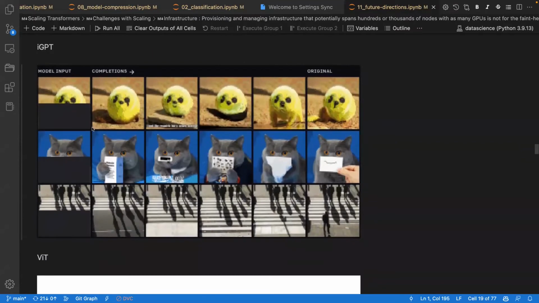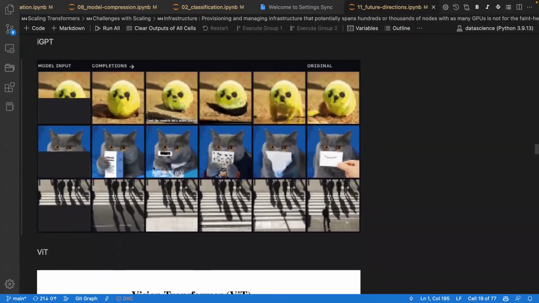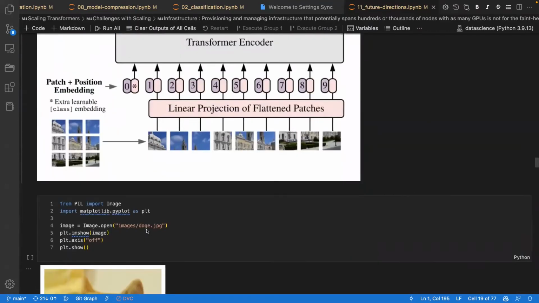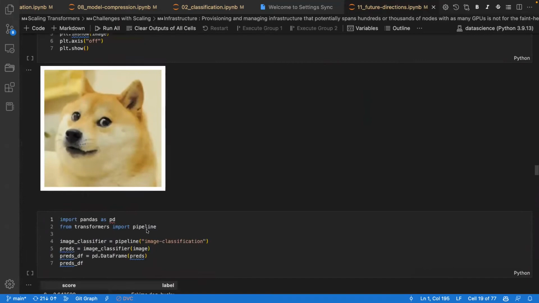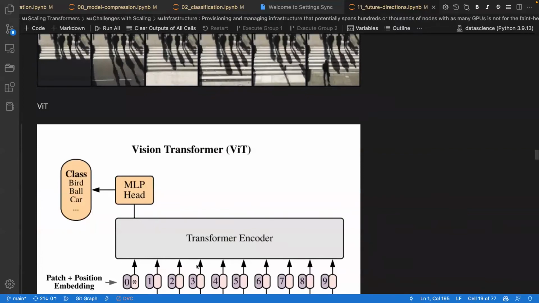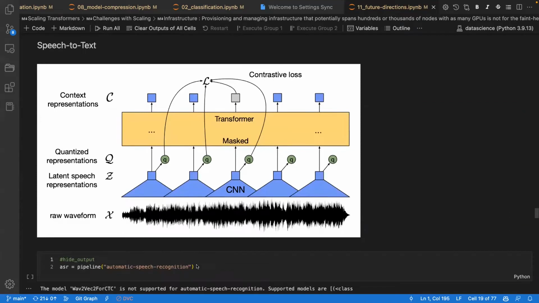They discuss transformers such as iGPT, going beyond text, and also multimodal transformers, and speech to text.